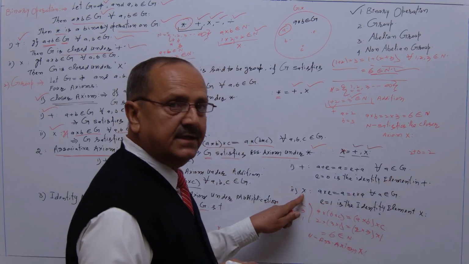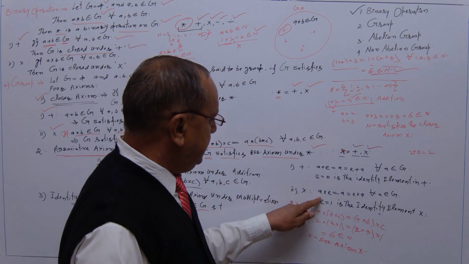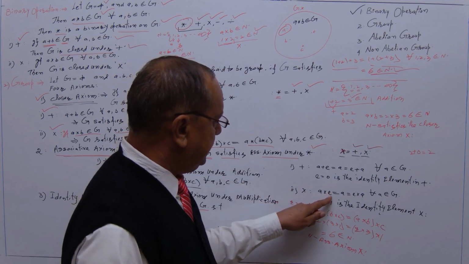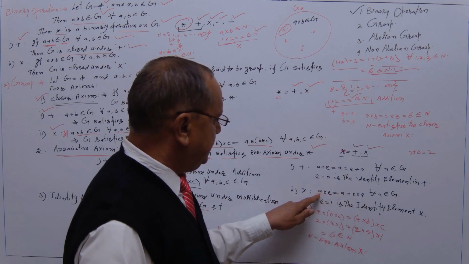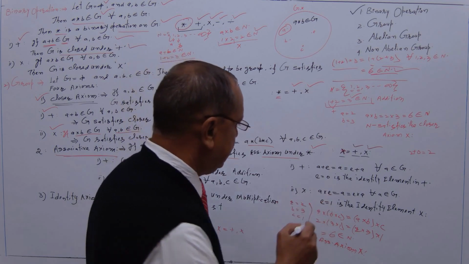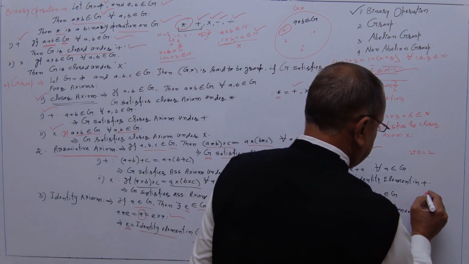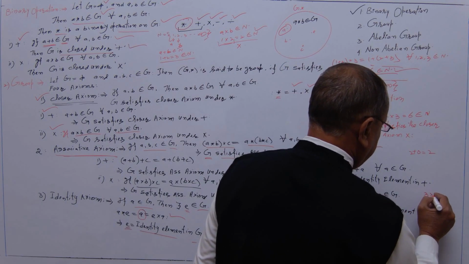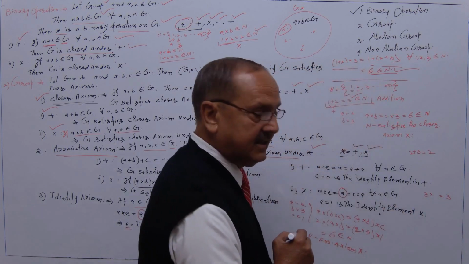In the same way, in case of multiplication, a multiplied by e is equal to a is equal to e into a. It means, by which number do we multiply a so that we get the same number again? For example, we have 3 multiplied by what number, and 3 comes again?